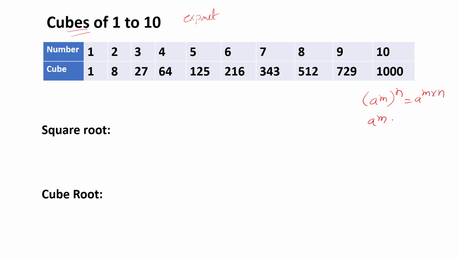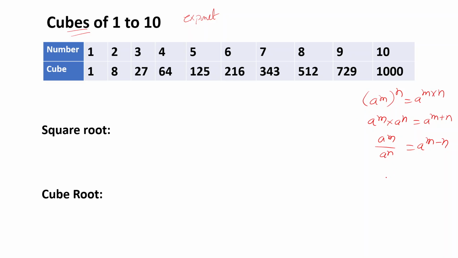Now a to the power of m into a to the power of n is equal to a to the power of m plus n. Similarly, a to the power of m upon a to the power of n is equal to a to the power of m minus n. For the sake of convenience, only these formulas we are using in this class. If other formulas come up, I will tell you then.